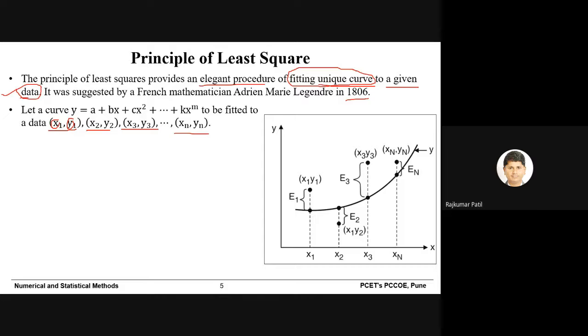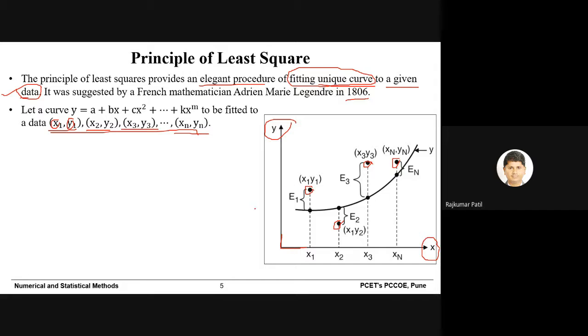On the x-axis we take the values of x, and on the y-axis the values of y, and we plot x1, y1, x2, y2, x3, y3, up to xn, yn. If you have data points, then by taking an appropriate scale on the x-axis and y-axis, you can easily plot those points.